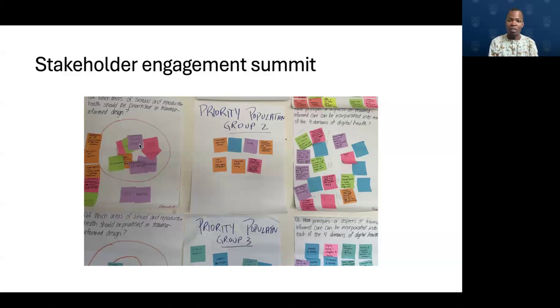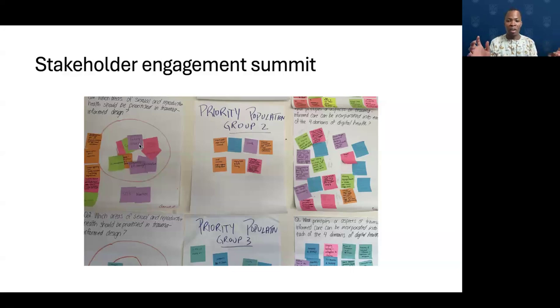In this stakeholder meeting, we informed the participants about the various stages of digital health development and design, basically the digital health development life cycle. These stages include needs assessment, problem discovery stage, design and development stage, evaluation stage, and then deployment and use stage.